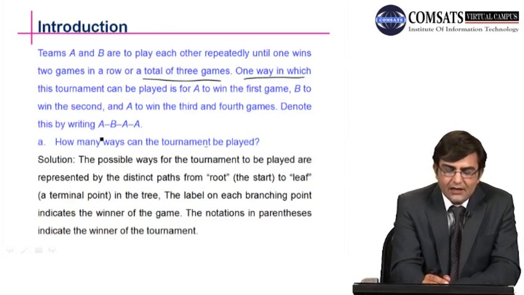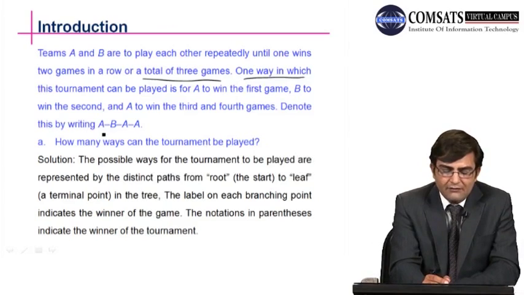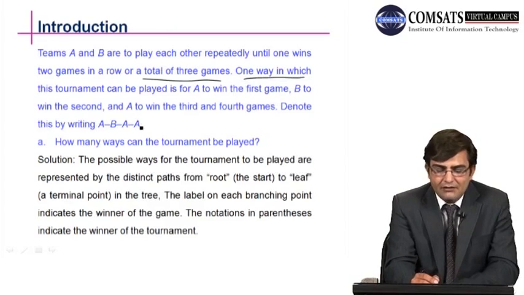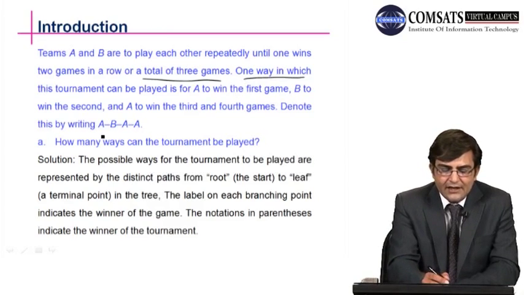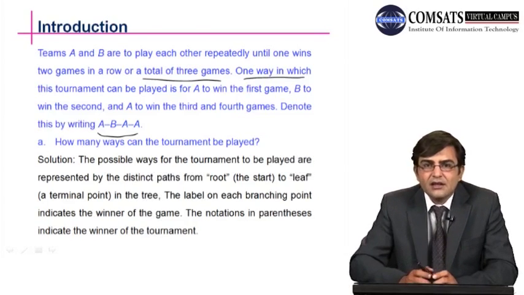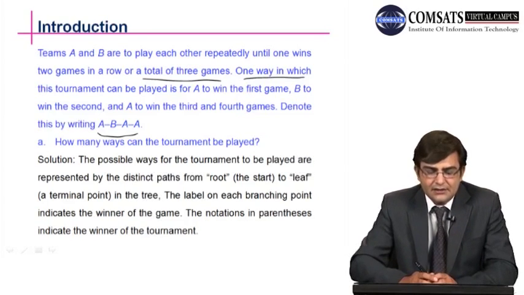A and B played a game, A wins, we write A. In the second game B wins, so we write B here. In the third game A wins, and in the 4th game A wins. Here you can see that in a total of 4 games, team A has won 3 games. So team A is the winner of this tournament.